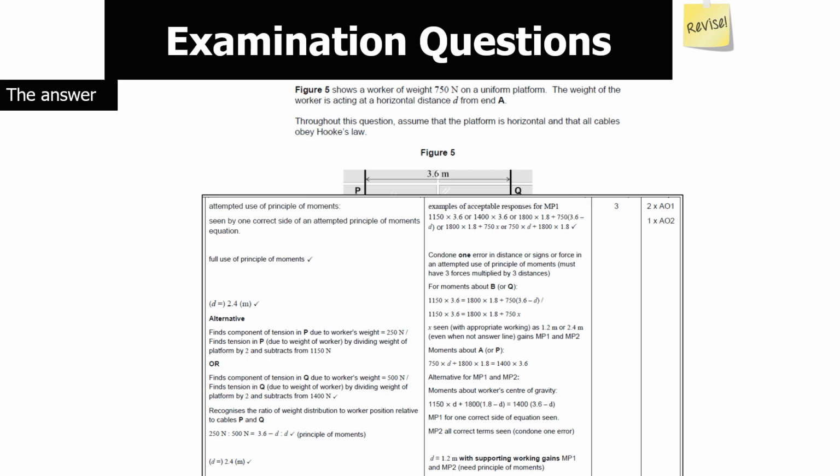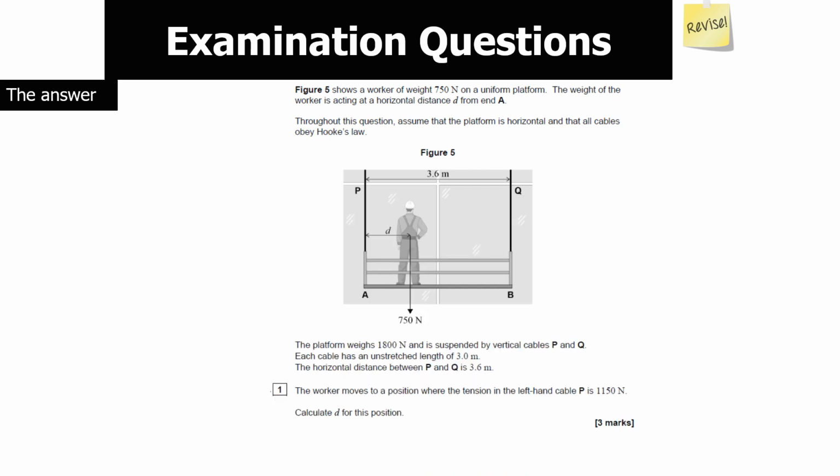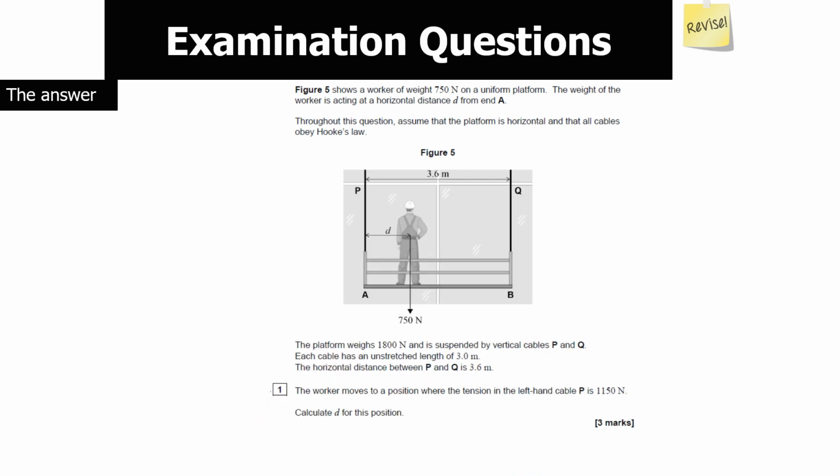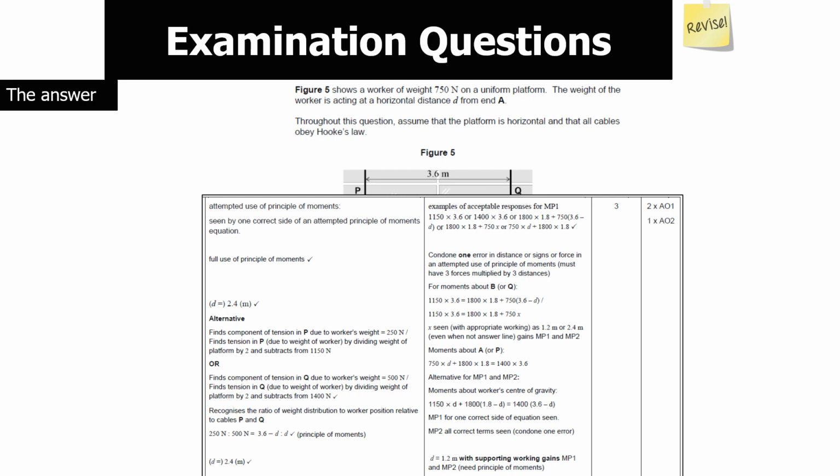So if you took your moments, for example, about B, you could say it's 1,150 times 3.6. Why is that? Because you can see straight away that you've got your weight acting down there, and you move to the position where the tension is 1,150. So you do 1,150 times 3.6 equals 1,800, which is going to be, if you notice, the platform weight times 1.8, because remember we assume the weight acts from the dead center.